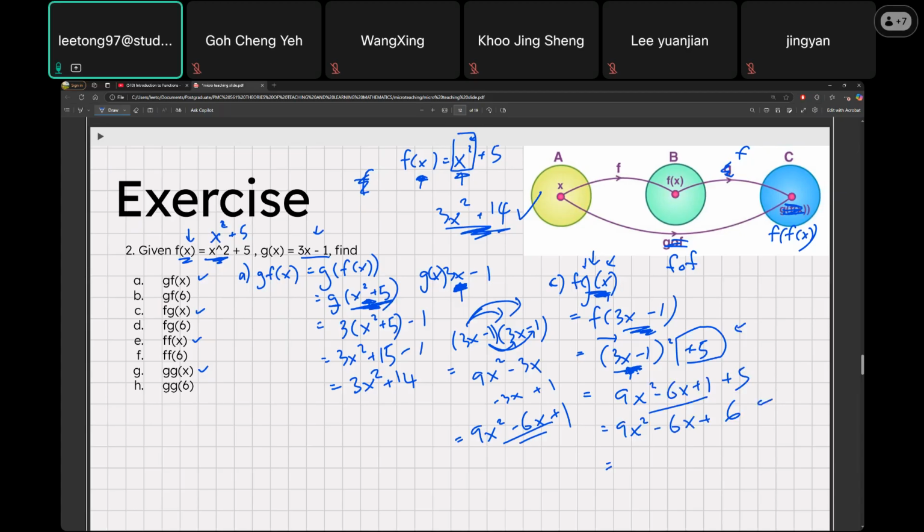What is the common factor? 3. So 3 times 3x squared minus 2x plus 2. Leaving it at this part is also okay. Next.